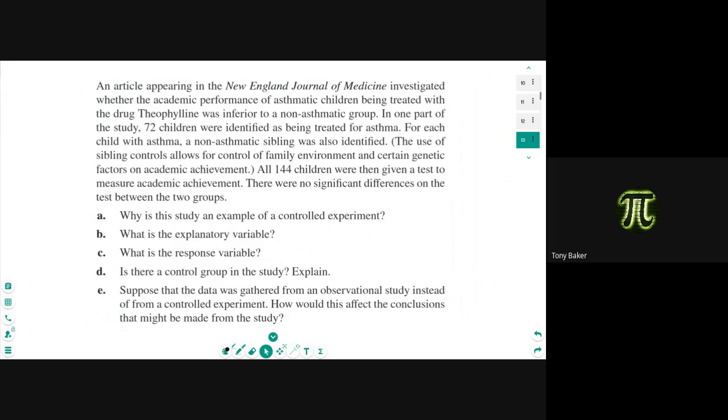If it's two different results, then I think... Remember when we're setting up these studies, it's about confounding variables, right? What are some of the variables that could have impacted this that they were able to eliminate by making it a controlled experiment? By having that control group and having the treatment group.